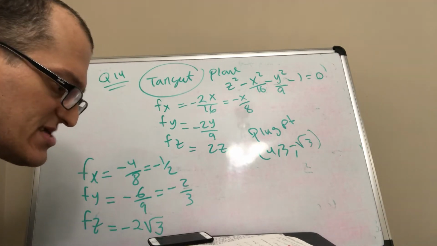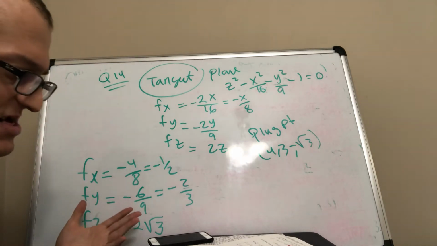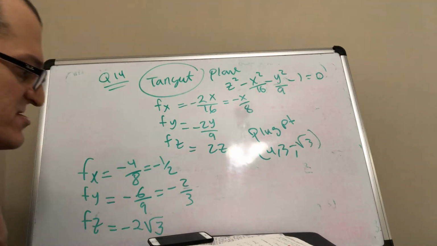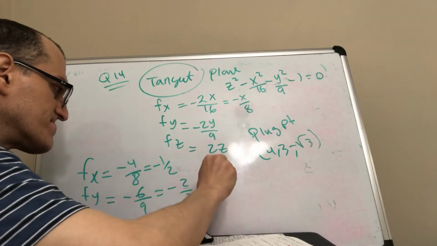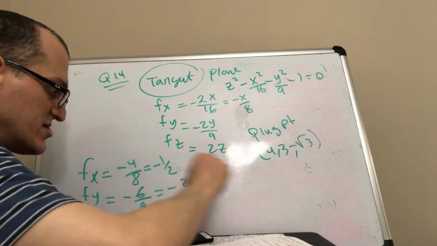These are the values, and it doesn't matter if you take them positive or negative, because it's pretty much the same thing. So we found the derivative for this. Then that's a constant, that's your vector.